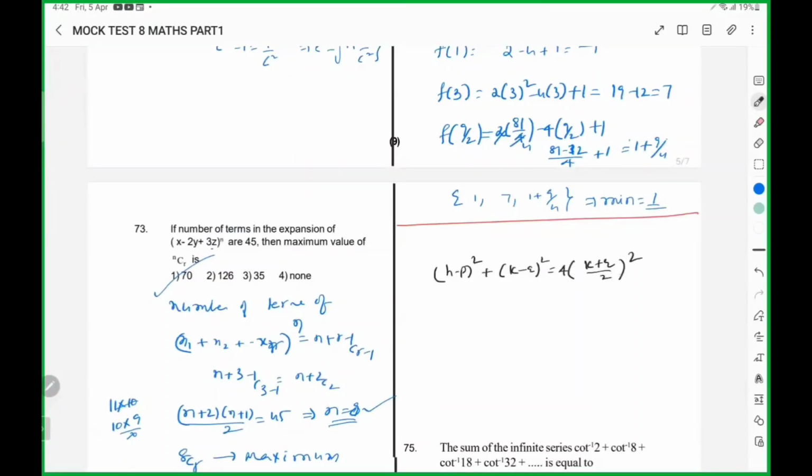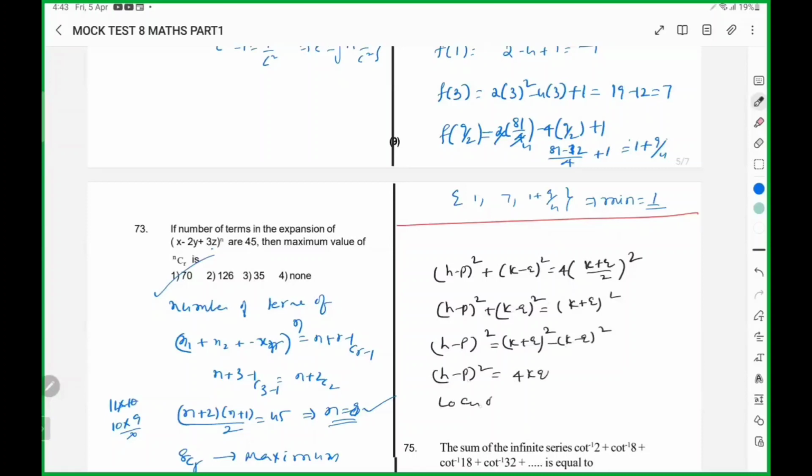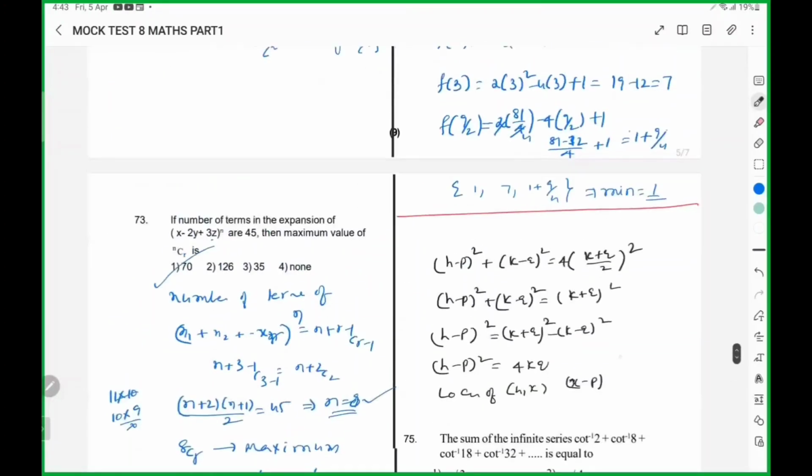So h minus p whole square plus k minus q whole square equals k plus q whole square. Here we get k plus q whole square minus this, which is 4kq. Locus of h comma k is x minus p whole square equal to 4yq.